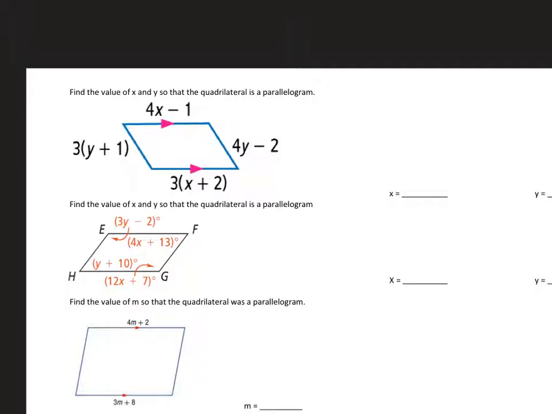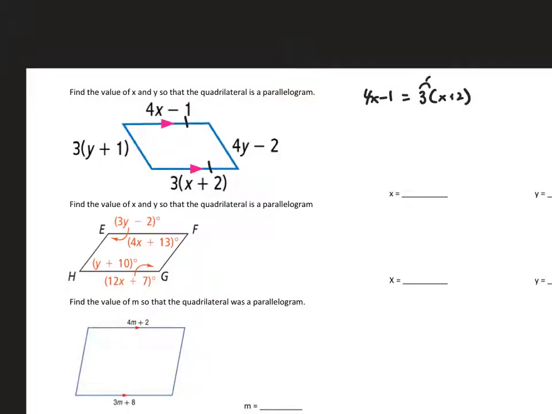So I see right here that these opposite sides for x are parallel already. So in order for them to be a parallelogram, I need to have that this side and this side right here are congruent. So I would set 4x minus 1 equal to the quantity x plus 2 times 3.